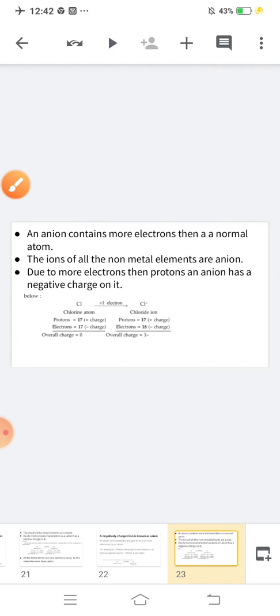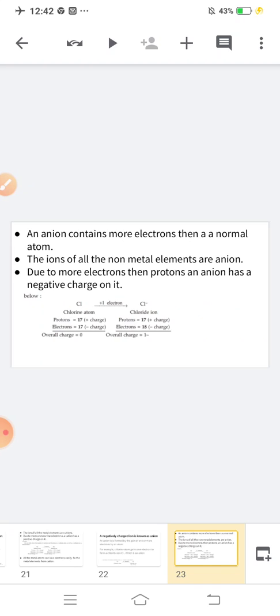Now, an anion contains more electrons than a normal atom. So, the ions of all non-metal elements are anions. Non-metal atoms जो होते हैं, they will gain electrons.